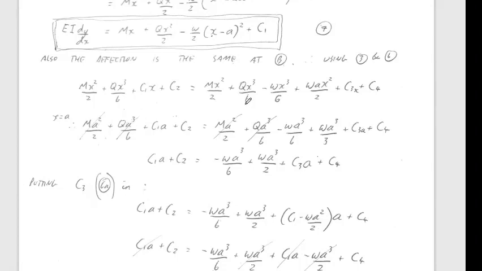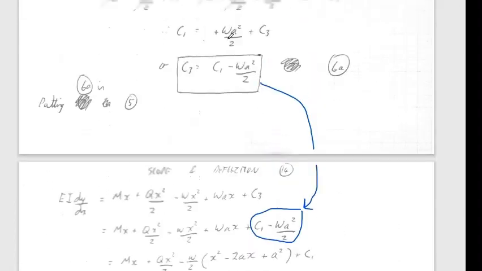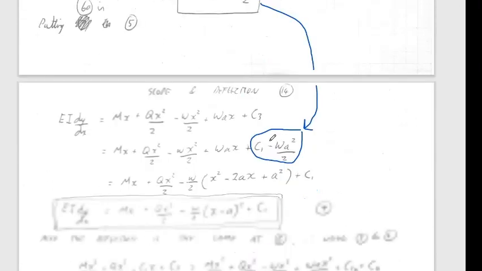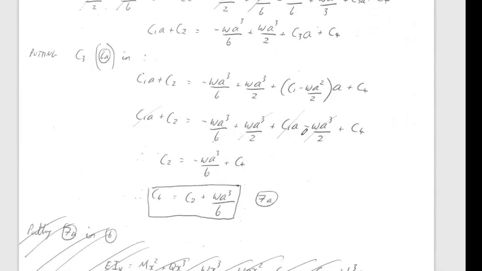We've simplified those. So we've now got C1 and C2, C3 and C4. We can replace C3 with this equation here, look. So we'll plug that in. C1, C2, there's C3, look.